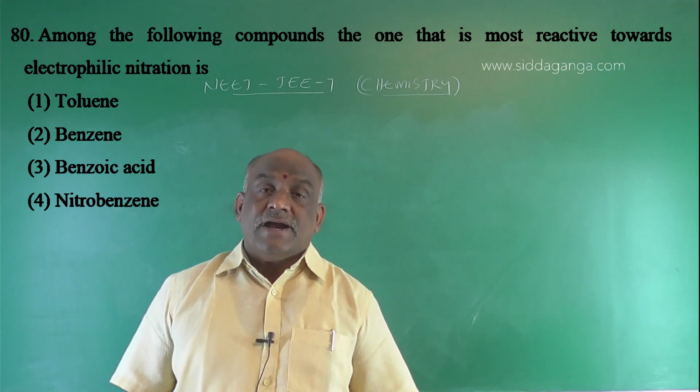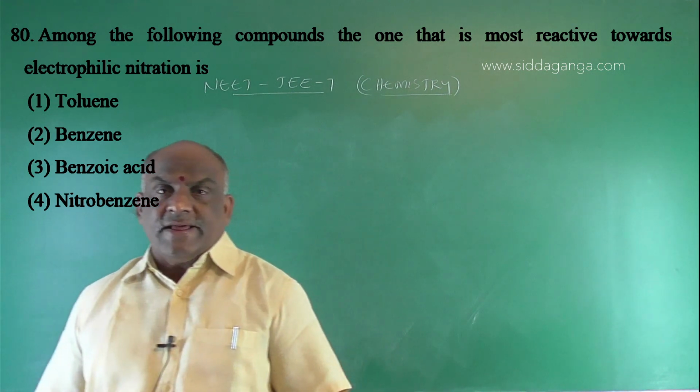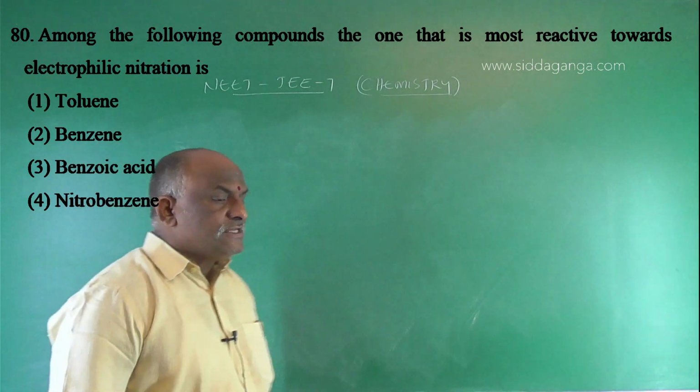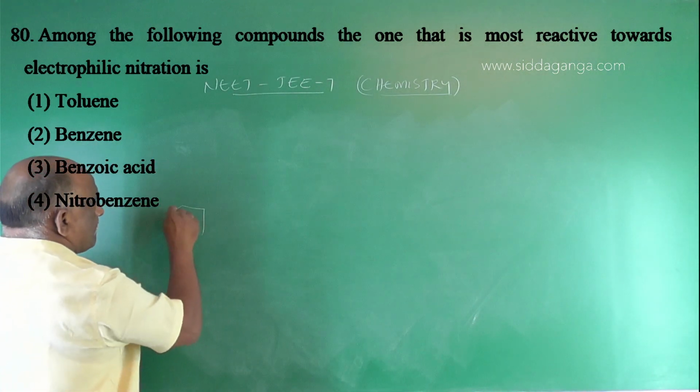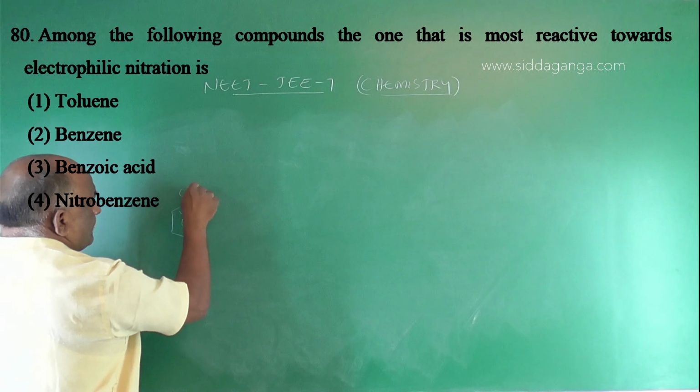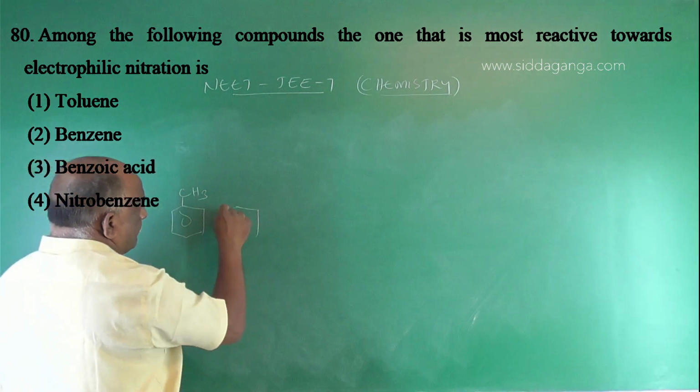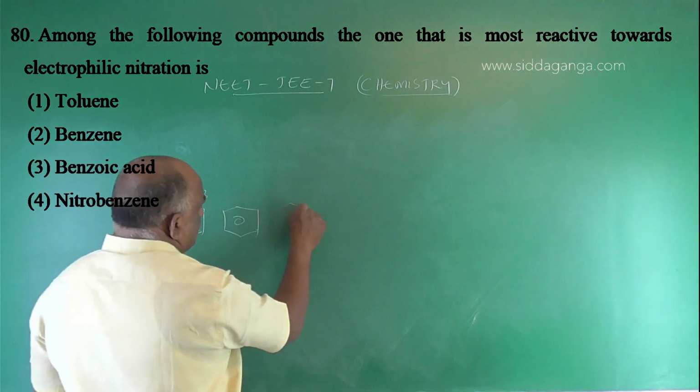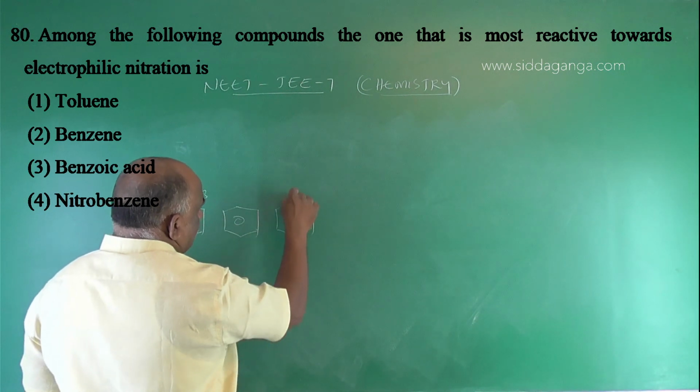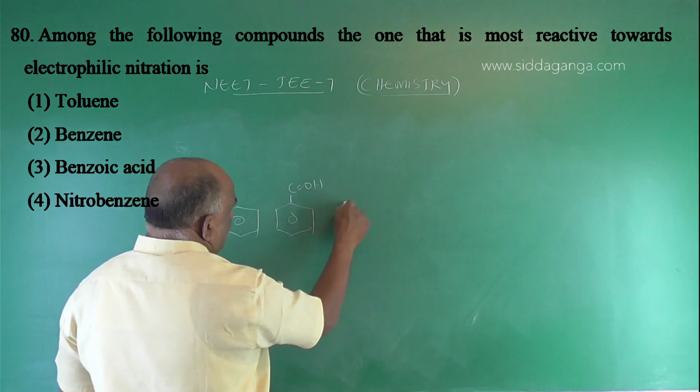Those activate the benzene ring towards ortho and para direction. Here, the first is toluene, second is benzene, third is benzoic acid, fourth is nitrobenzene.